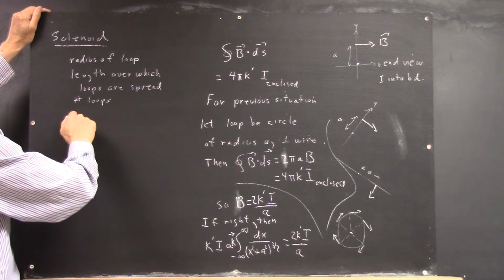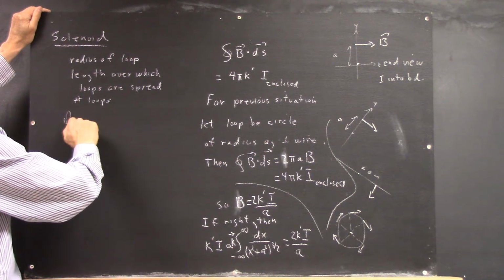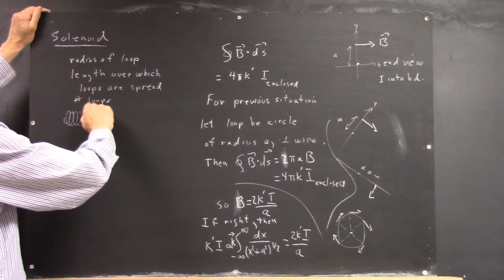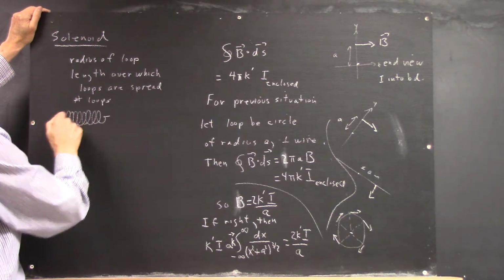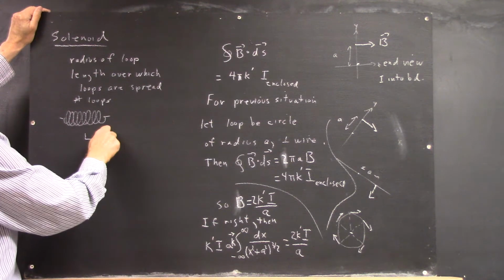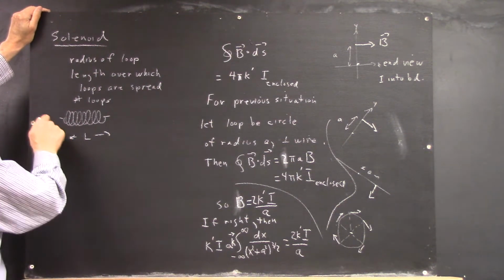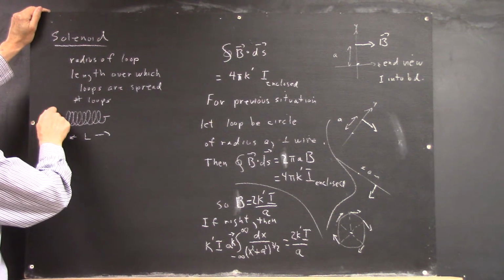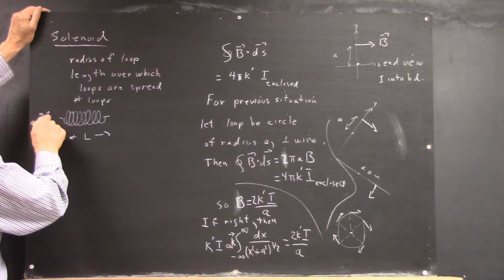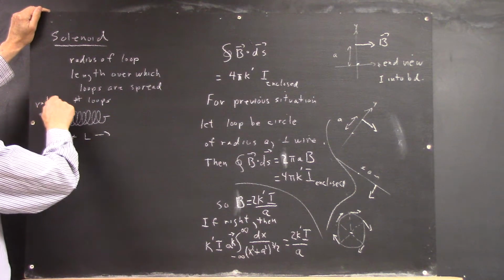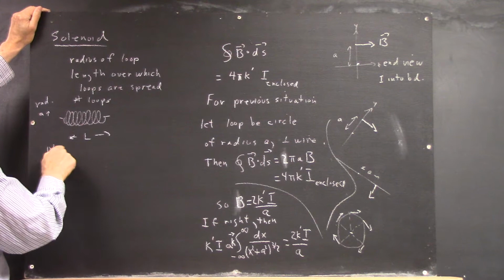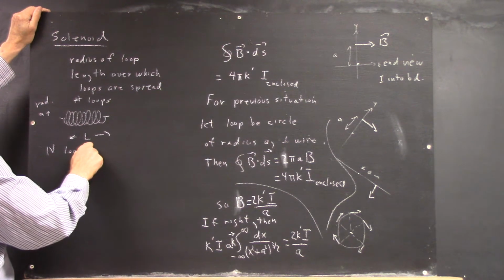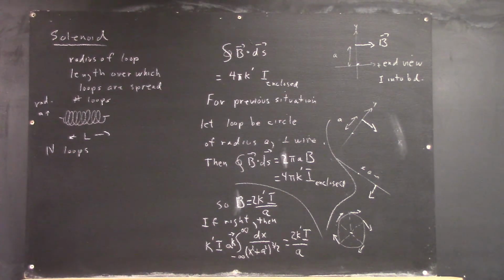So it kind of looks like this, where you've got a length L, a radius A, and you've got N loops. Okay?